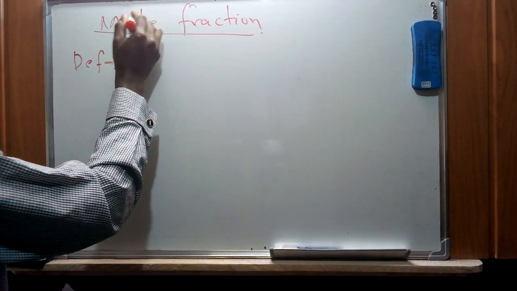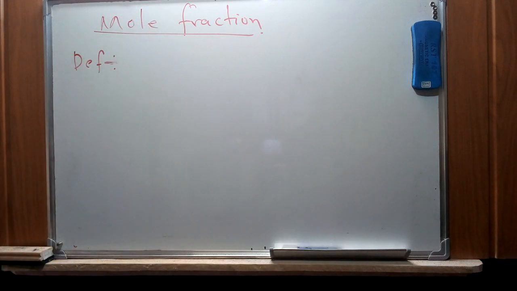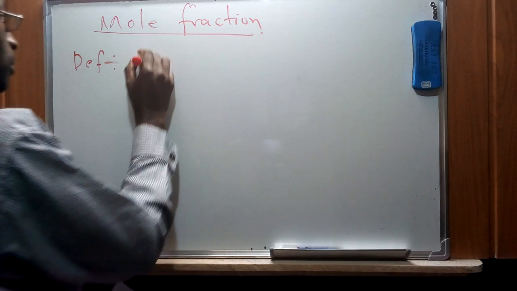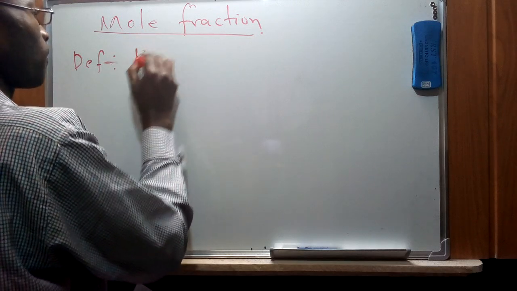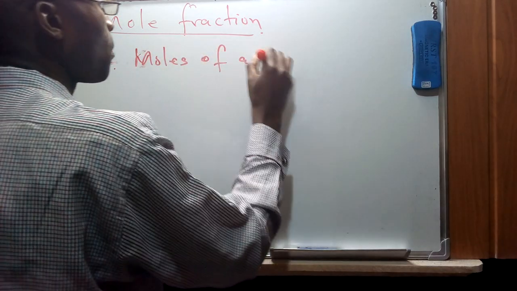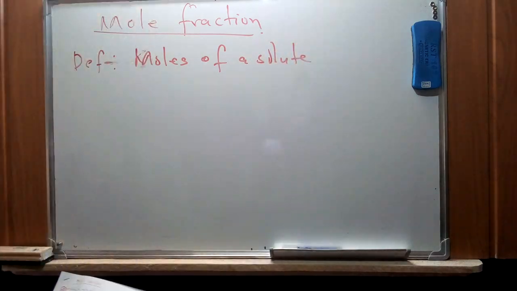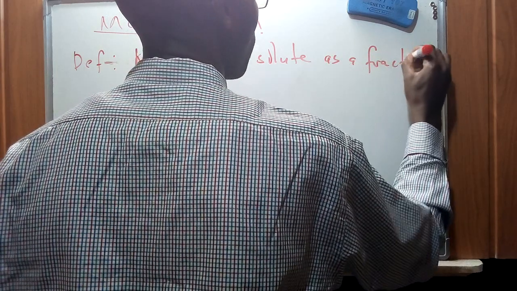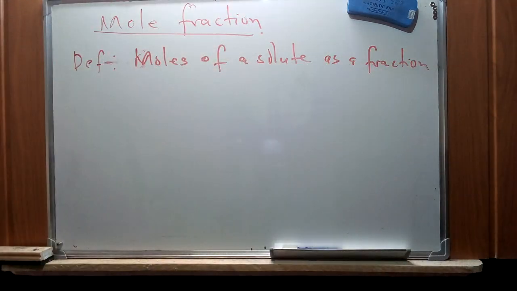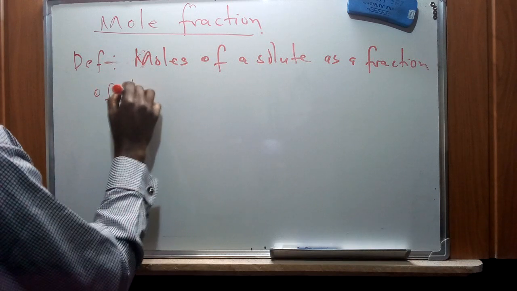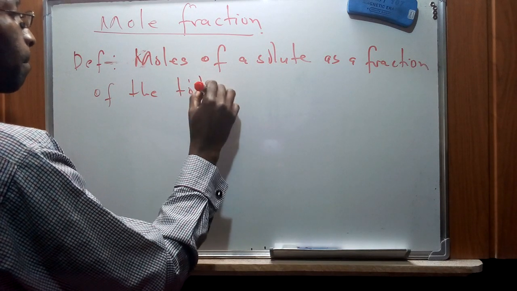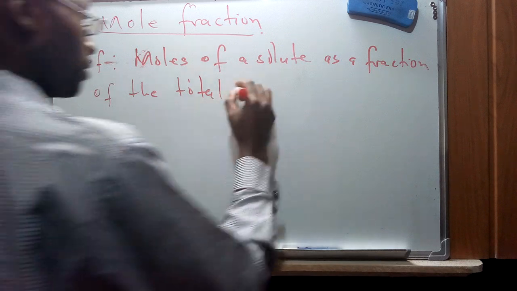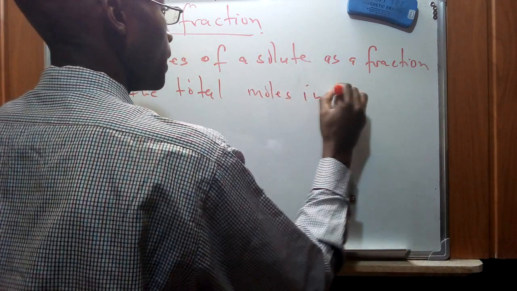As we have said, it is one of the methods that is used to describe the concentration of a solution, and therefore it refers to the moles of a solute as a fraction, so that's a ratio, of the total moles in a mixture.